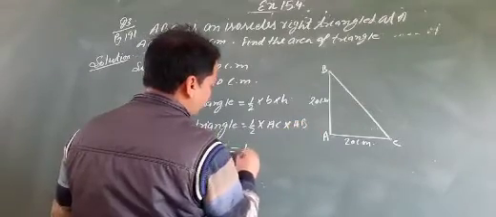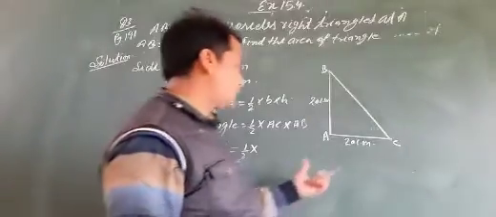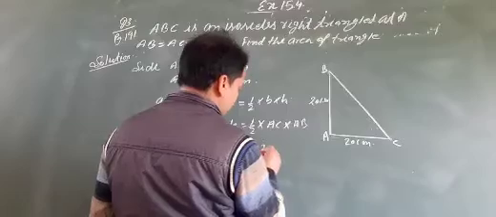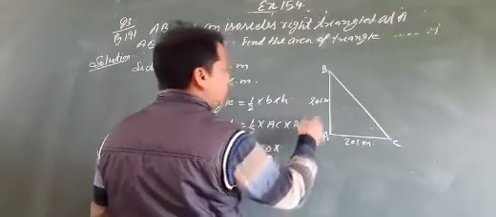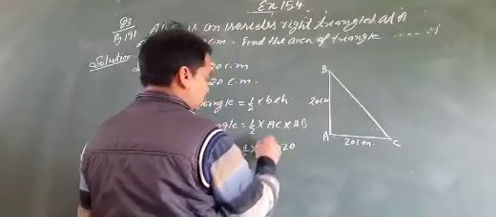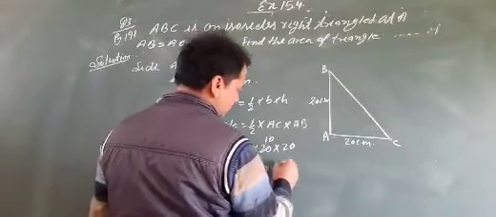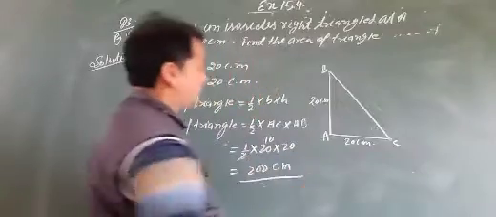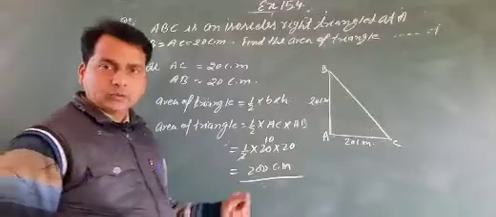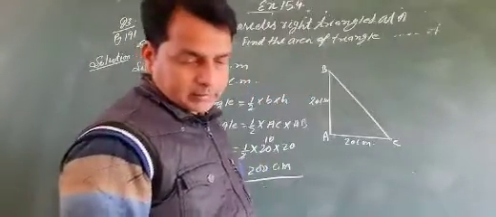Then 1 by 2 AC, the value of AC is 20, and AB is 20. Then 10 into 20, that is 200 centimeter. So according to this question, the area of the triangle is 200 centimeter.